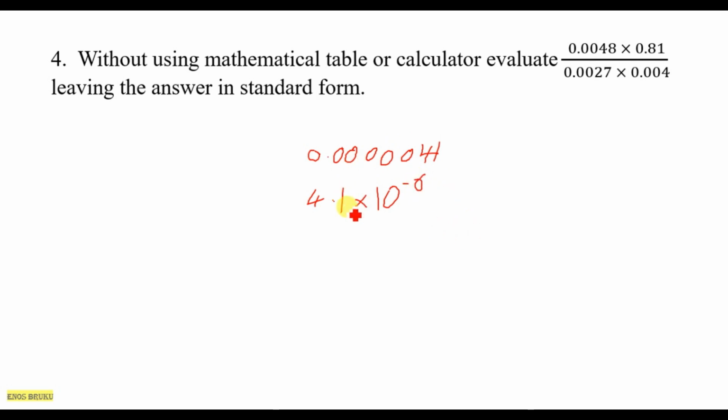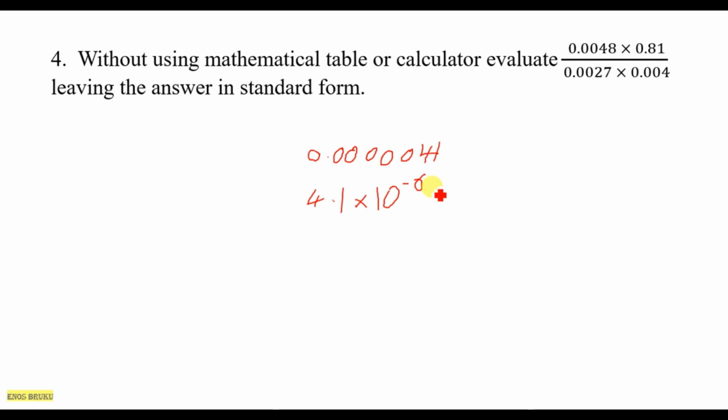So this is the standard form of this number. Sometimes the zeros could be more. You could have about 100 zeros. If you want to work with such a number, it will be difficult for you to keep repeating this number of zeros. So you will just change the number into a form which is easier to work with.